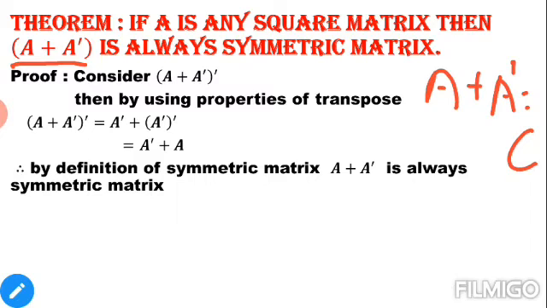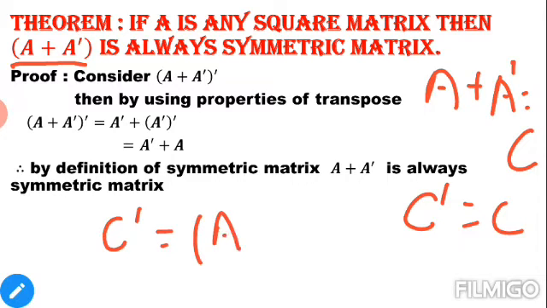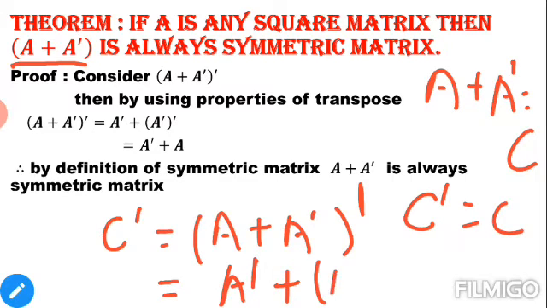And if I want to show that C is a symmetric matrix, it means I have to show that C dash is equal to C. So I start with C dash, C transpose. C transpose means I am starting with the transpose of A plus A transpose. As per the property that we have learned in the first slide, this is going to become A transpose plus the whole transpose of A transpose, and you will find that in my second line.